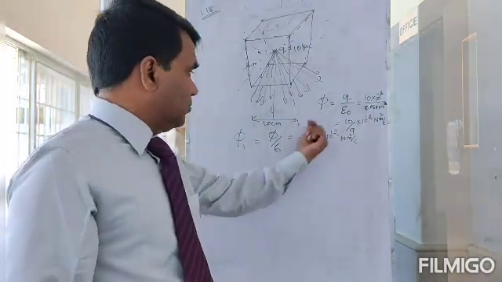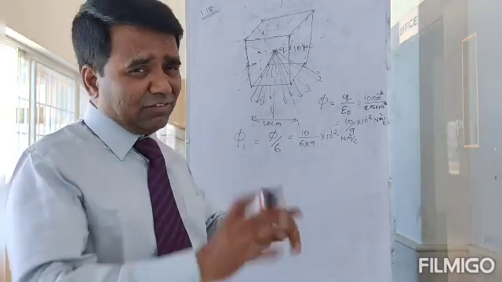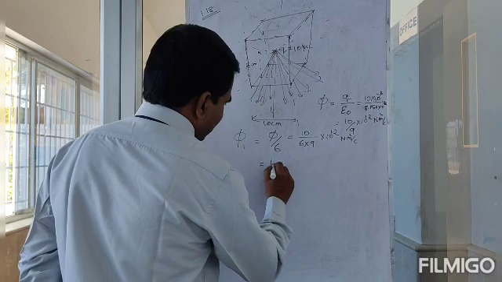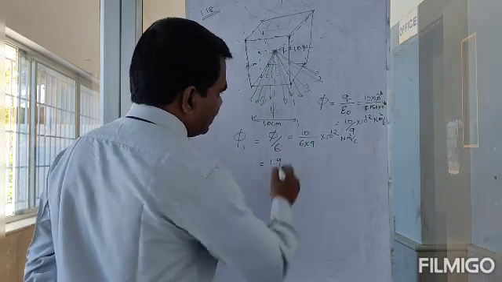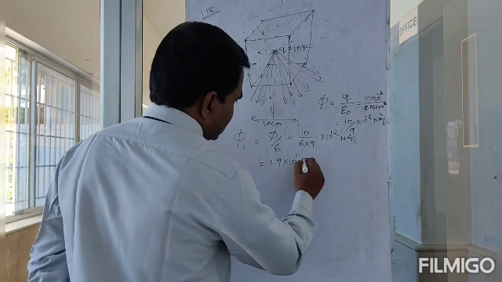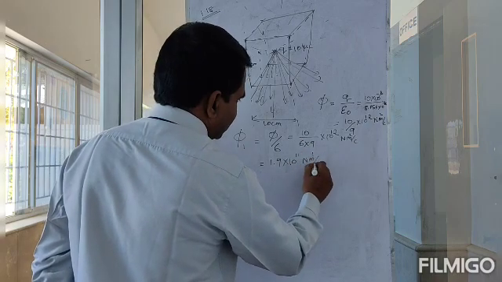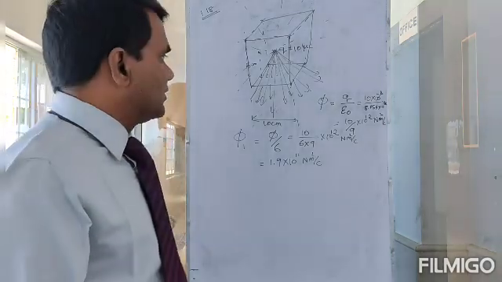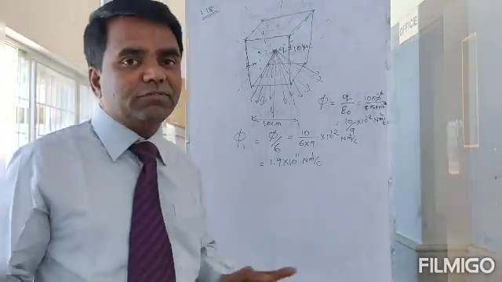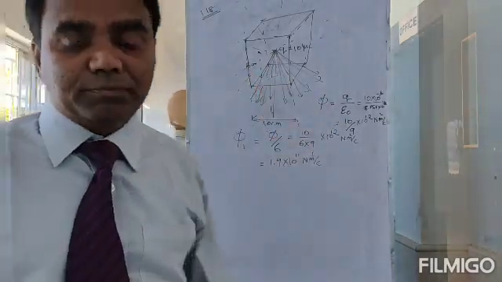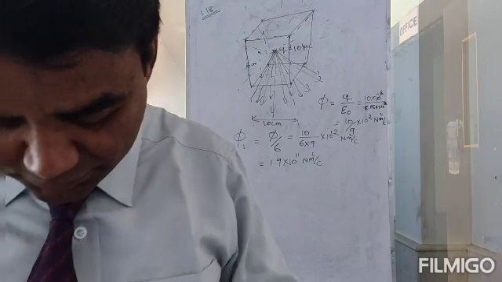So take one more, 100 by 54, roughly 2, maybe 1.8 or 1.9. I'll say 1.9 or something into 10 power 11 Newton meter squared per coulomb. Good. So this is the amount of flux which will come out of one surface.